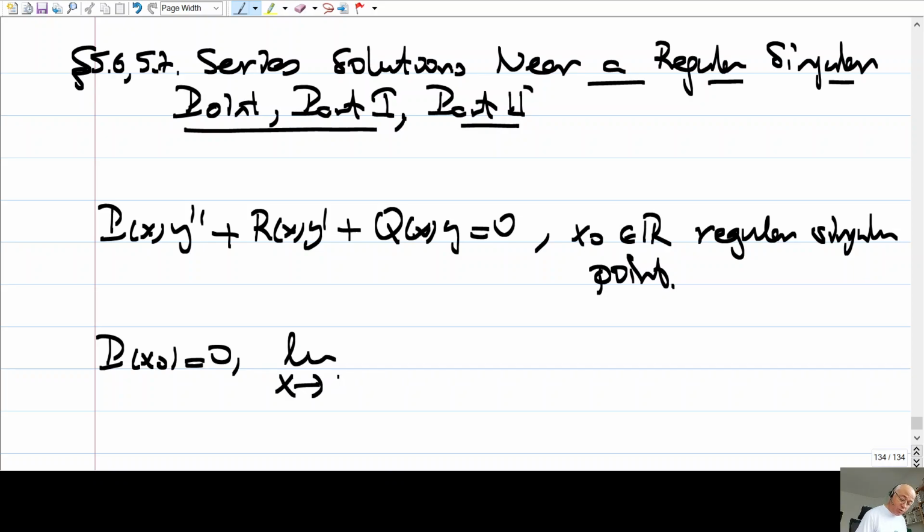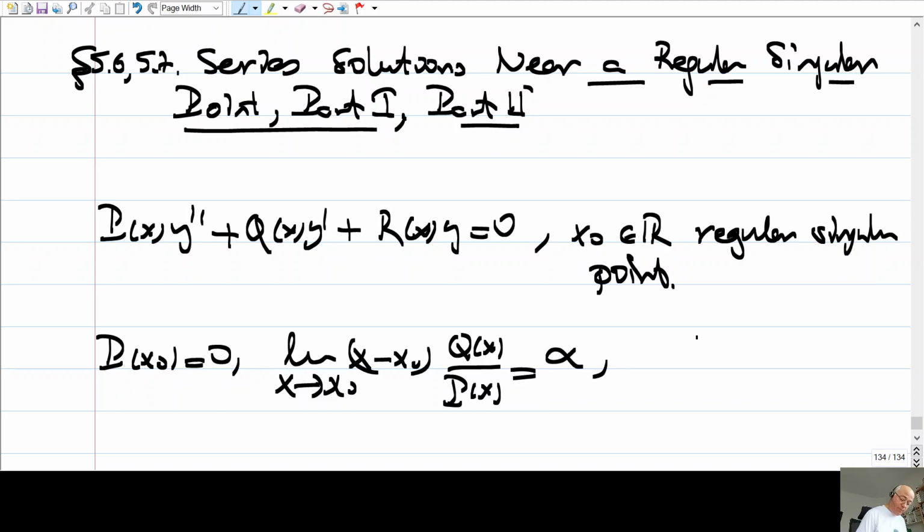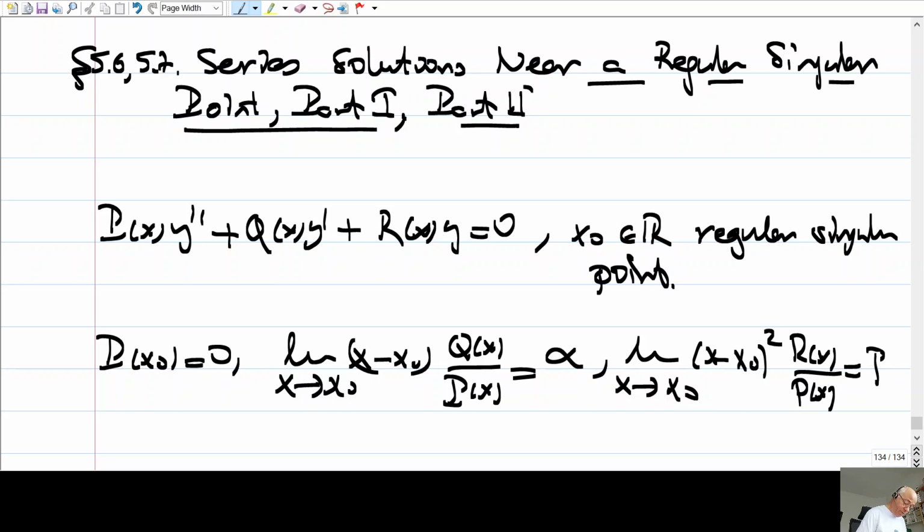The limit as x goes to x0 of (x minus x0) times Q(x) divided by P(x) exists, and we will call it alpha, and the other limit exists, and we will call it beta.